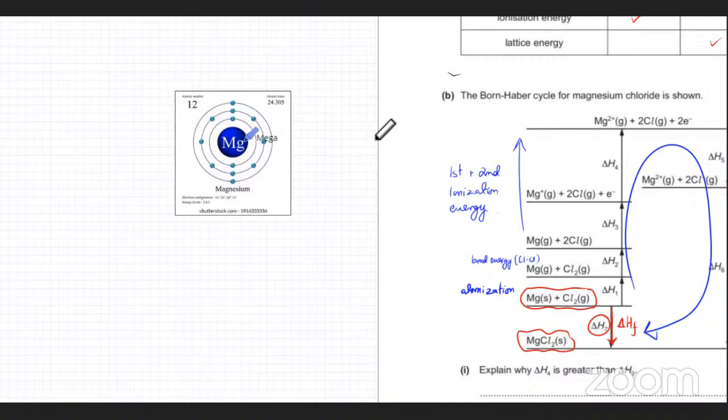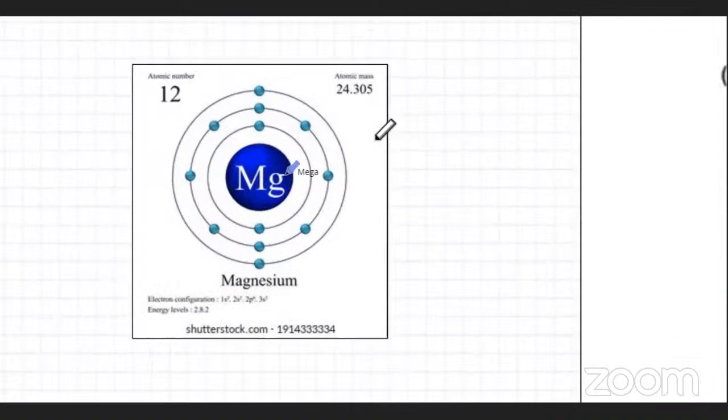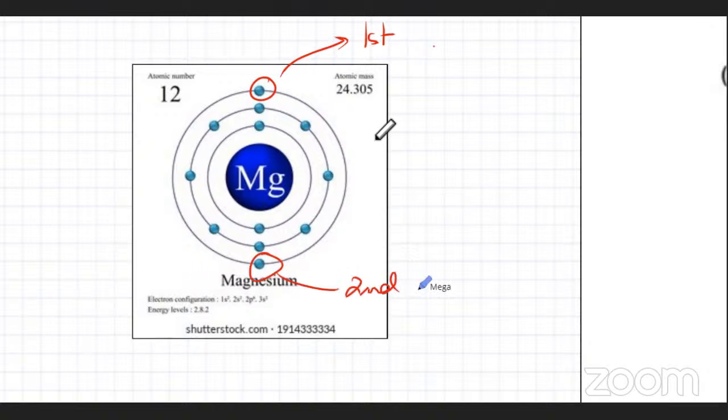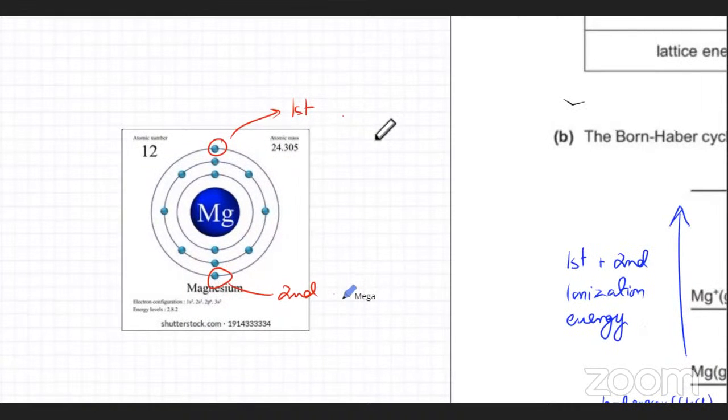Here's an atom. We're trying to remove 2 electrons from this atom. I'm going to try and remove the first electron first. Removing the first electron is easier. So that's our first ionization energy. And then we're going to try and remove the second one. That's our second ionization energy. So what goes wrong?